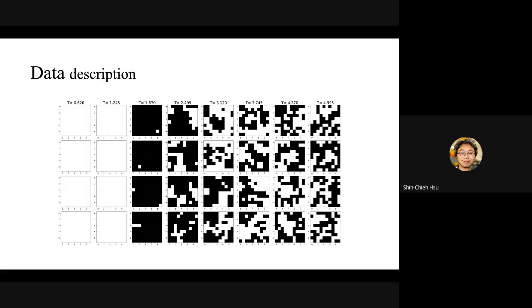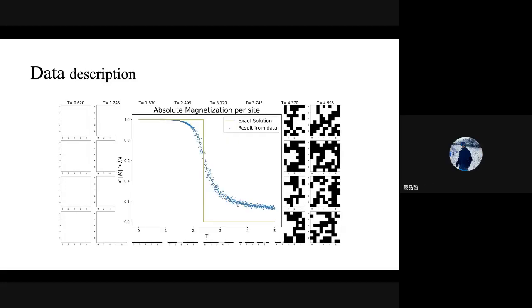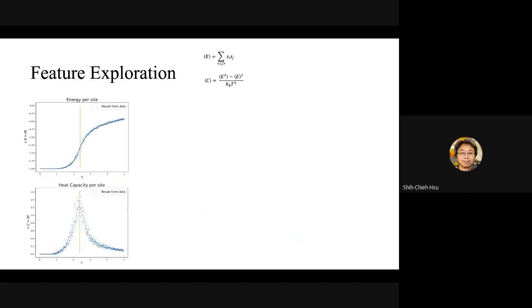So what's the formula? Can you just explain the formula to me? Explain the formula to you. Yeah. You have a clear definition: the E average is the sum over SI times SJ. So what's the E square average?